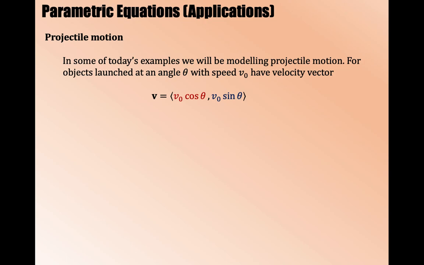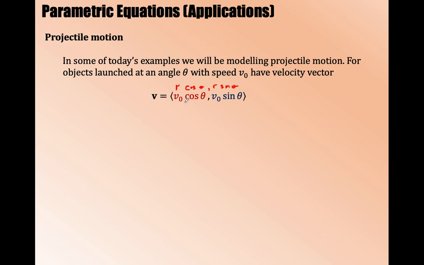So velocity, notice that the velocity vector v is a vector. Compare this with the notes that you just took before, where the horizontal component was r cosine theta. And the vertical component was r sine theta.